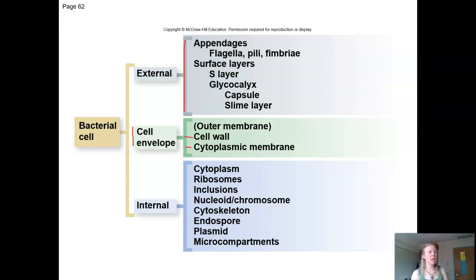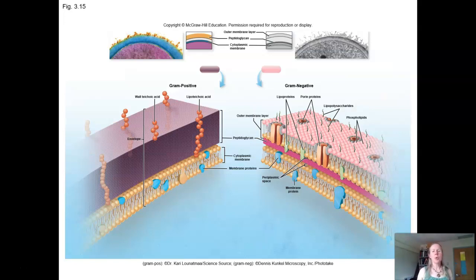And then outer membrane is in parentheses because some bacteria are going to have this outer membrane. Okay, so what does this look like? So we have two different arrangements of this cell envelope, and these look different depending on if you're looking at a gram-positive bacterium or a gram-negative bacterium.